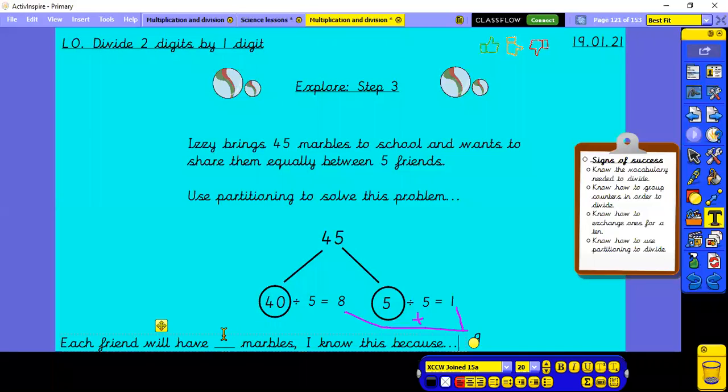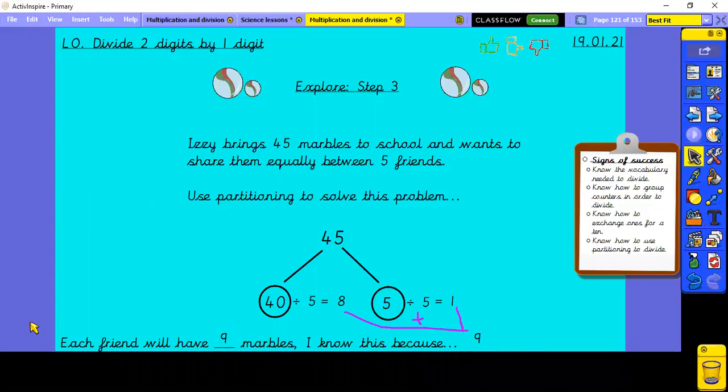And now we know that 45 divided by 5 is 9. So to solve our problem, each friend will have 9 marbles. I know this because 45 divided by 5 is 9. Well done everyone if you got that correct. And if you didn't, have a look at where you made your mistake.